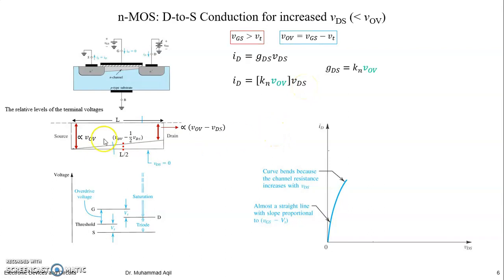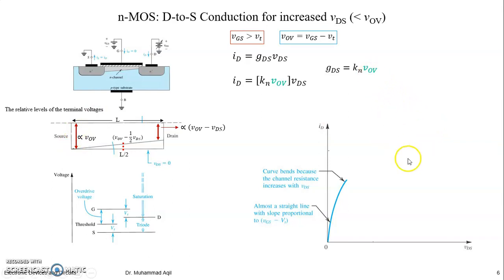But since the depth differs from source to drain, the conductance does not depend only on VOV, because conductance is from drain to source and channel depth affects the conductance. Here the channel depth is proportional to VOV. So what should I take?